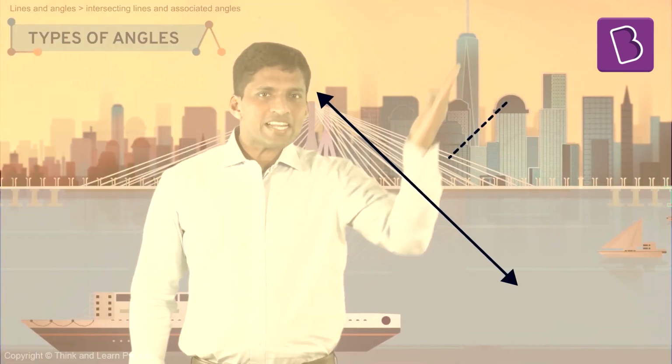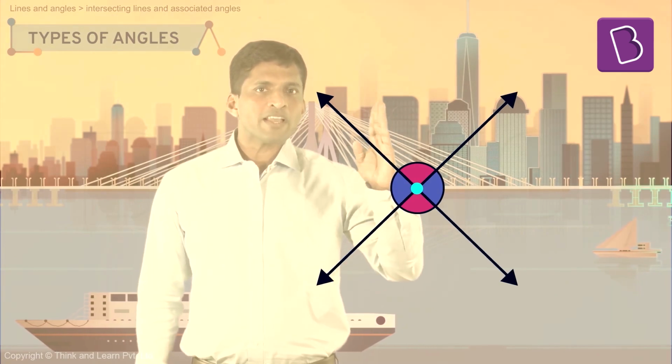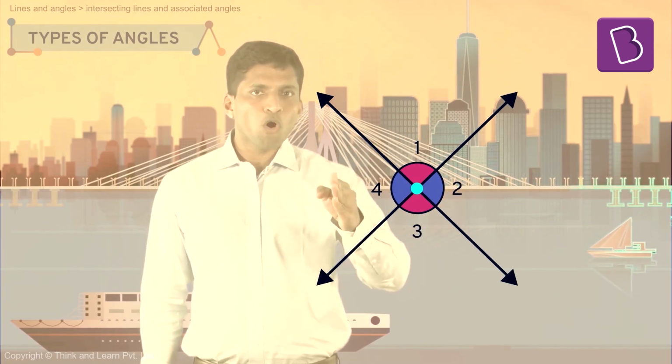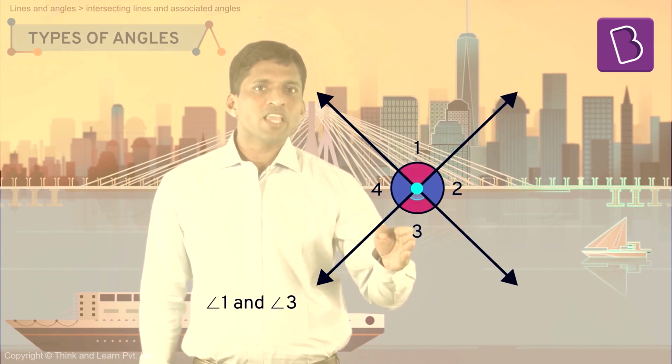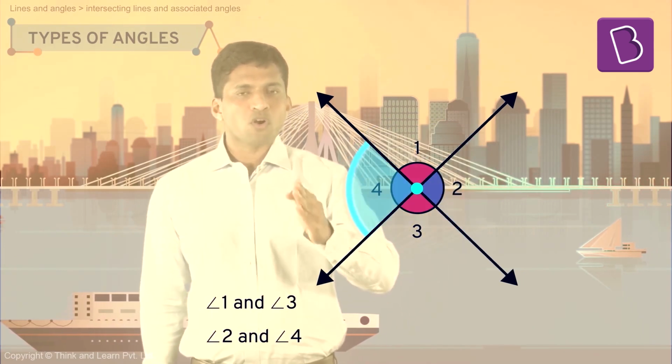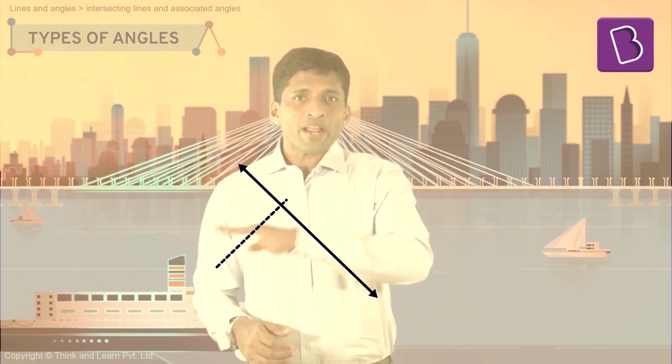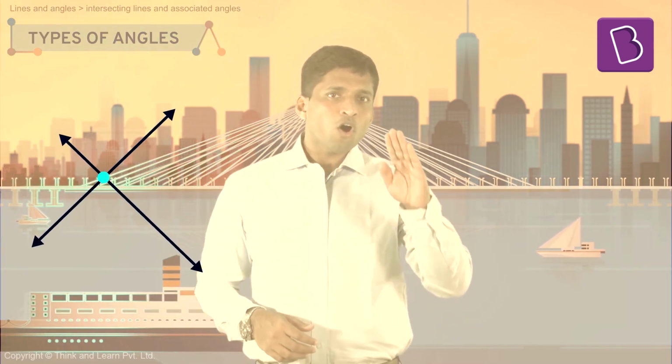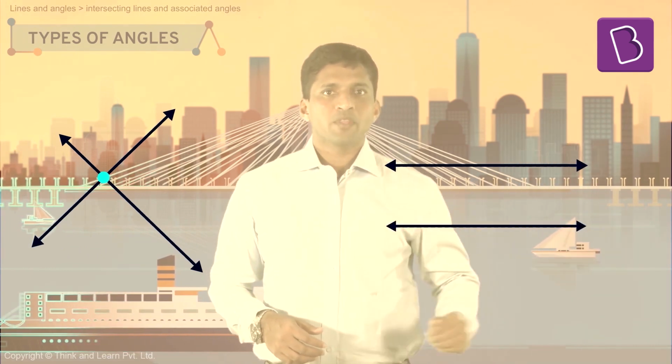When two lines intersect like this, and if I name the angles as 1, 2, 3, 4, then 1 and 3, 2 and 4 are called vertically opposite angles. Now, if you take two lines in a plane, there are only two possibilities. They can intersect at one point like this, or they don't intersect at all.